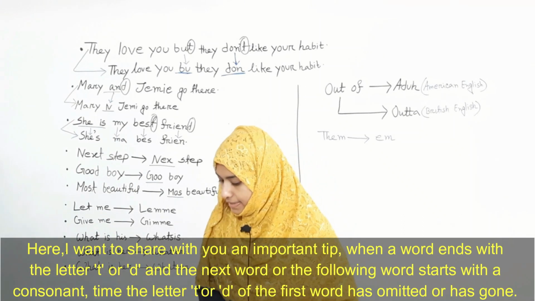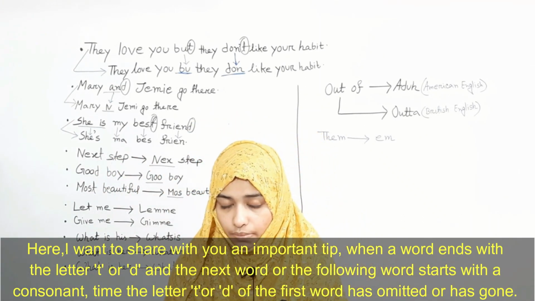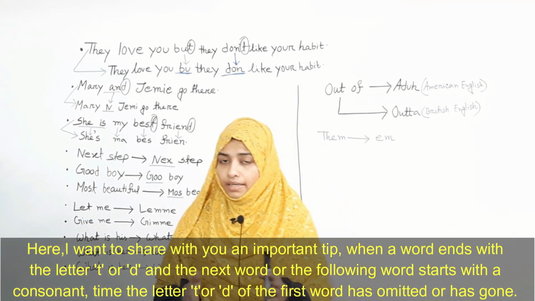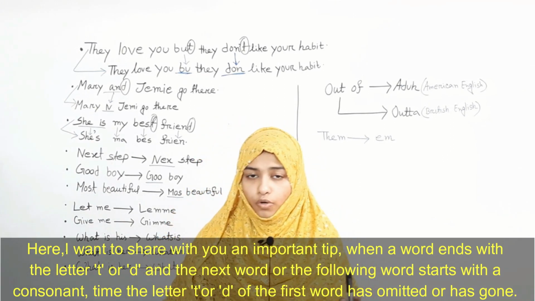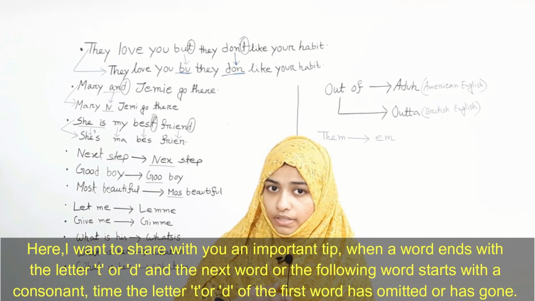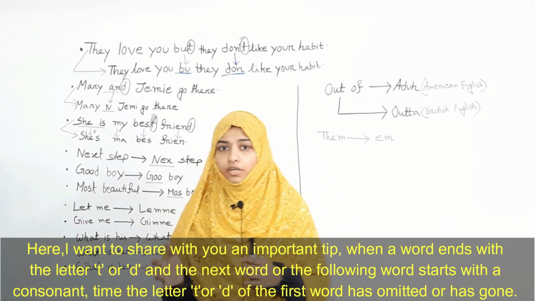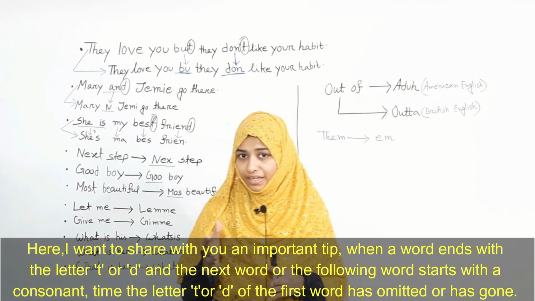Okay, then next here I want to share with you an important tip. When a word ends with the letter T or D and the next word starts with a consonant, that time the letter T or D of the first word is omitted or has gone.